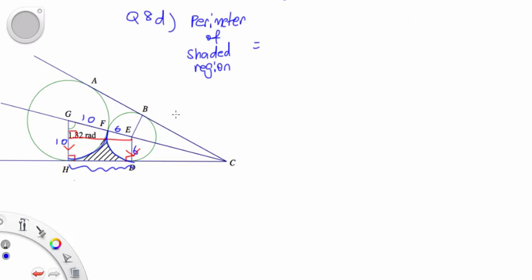Add these three up, and you will have your perimeter. So what you are calculating is actually the arc length HF, plus arc length FD, plus HD, the length of HD.